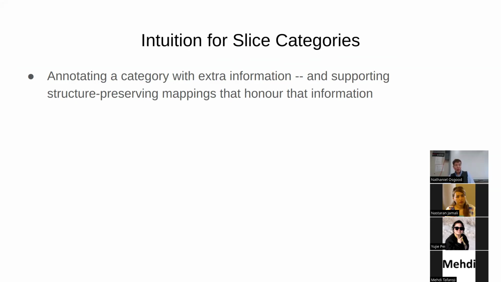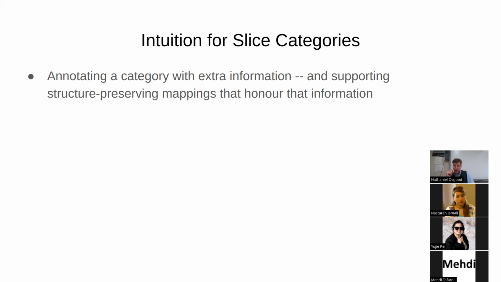I tend to think of a slice category, for some underlying category C over an object X in that category, as being about annotating the objects of that category C with extra information.